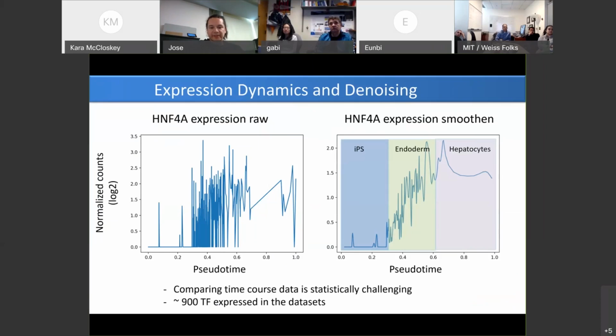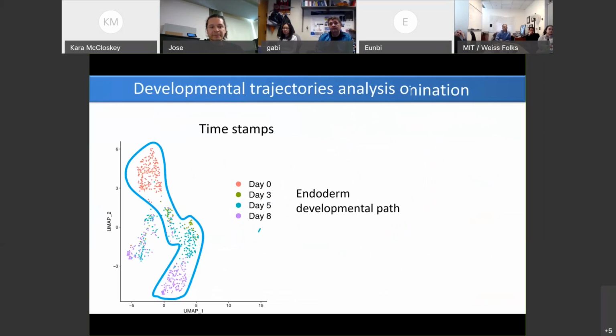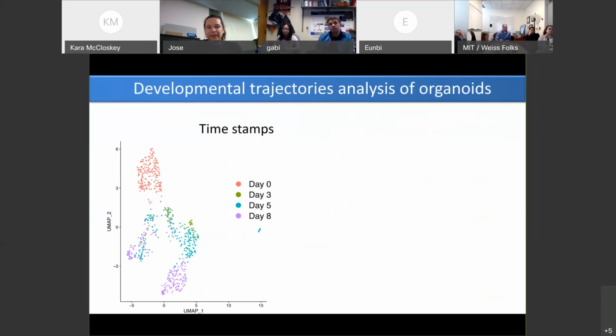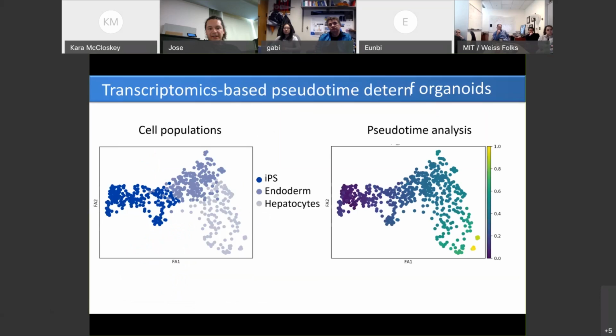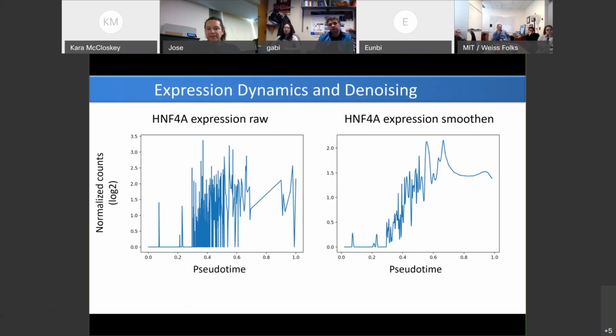So in particular for our data set, I'll go back and show you. If you look here, we actually have a fairly incomplete sampling. At day 3, we were not very successful at dissociating the organoids, so we're missing a good chunk, or we don't have a good representation at this time point. However, I do think that what we see across time is reflective of the dynamics of at least the subset of transcription factors we're evaluating.